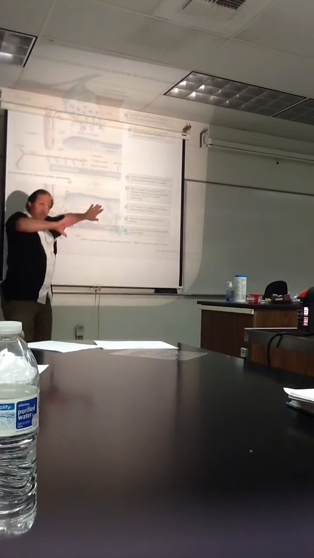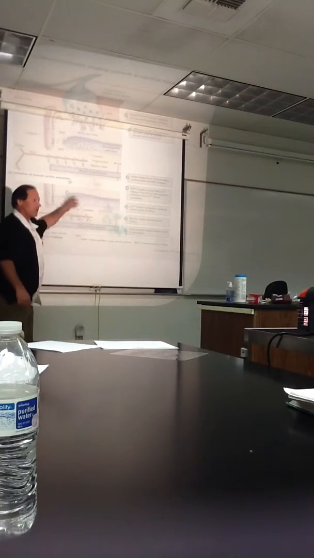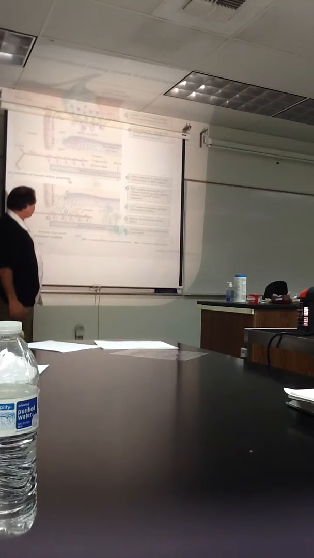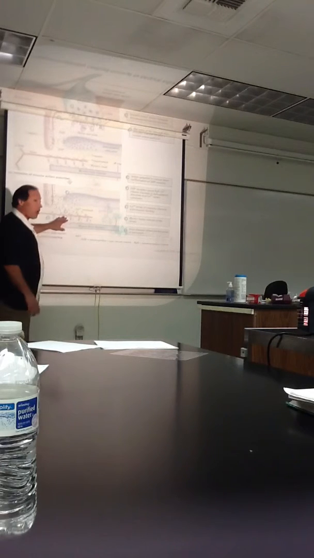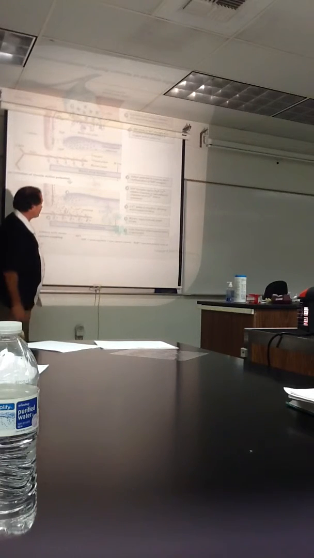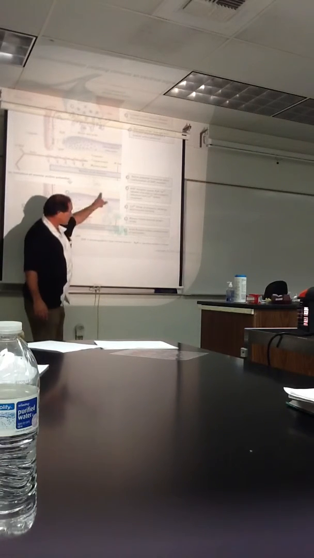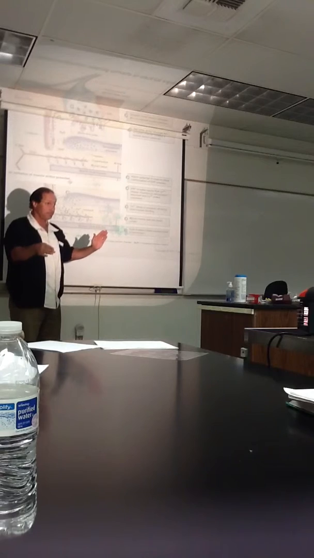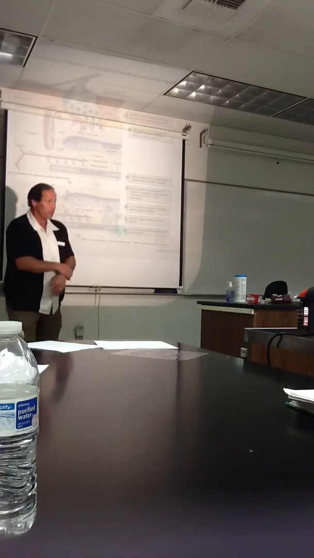Don't think that calcium comes out and you run out of it. When calcium comes out, the maximum tension is when all the heads are allowed to bind. Maximum calcium. So calcium gets pumped back in here using ATP, and that is the relaxation phase.